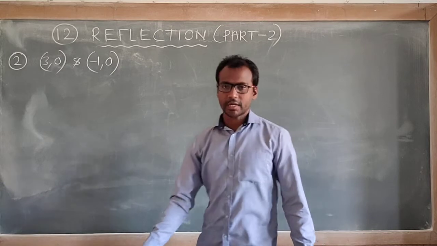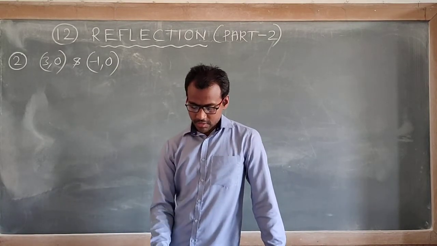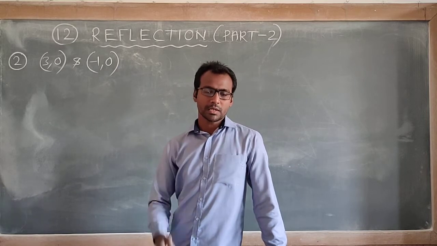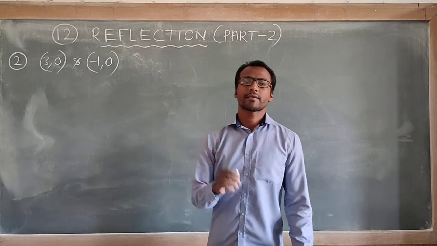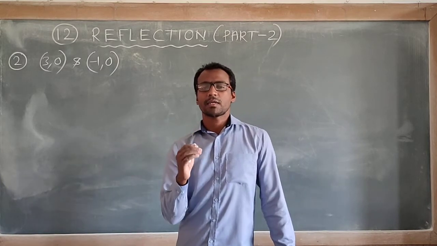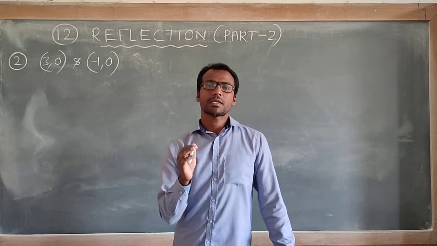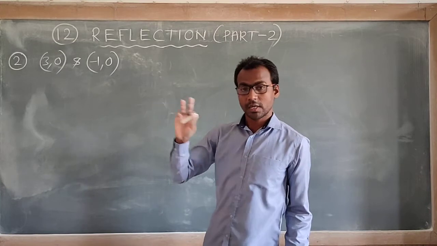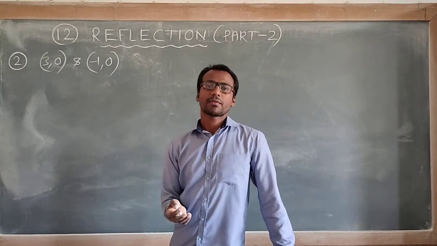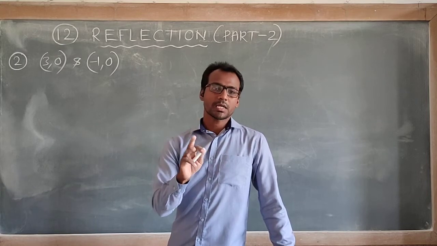So which line is L1? The concept of invariant points, I had explained: every point on the x-axis is invariant under reflection in the x-axis, and every point on the y-axis is invariant under reflection in the y-axis. These two points lie on the x-axis, so they are invariant under reflection in the x-axis only. So definitely the line L1 is the x-axis.